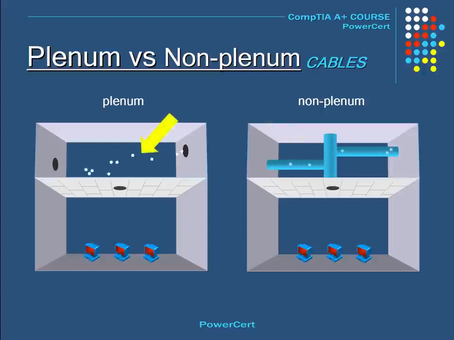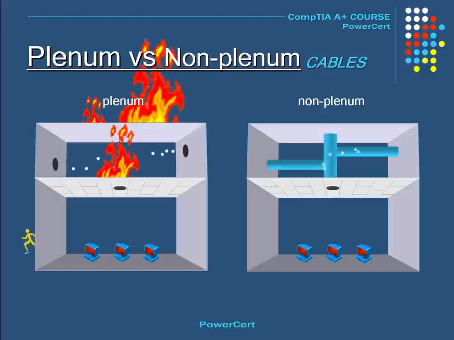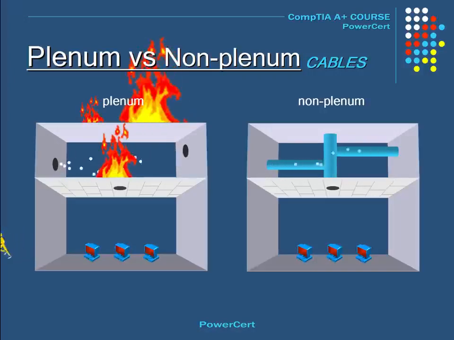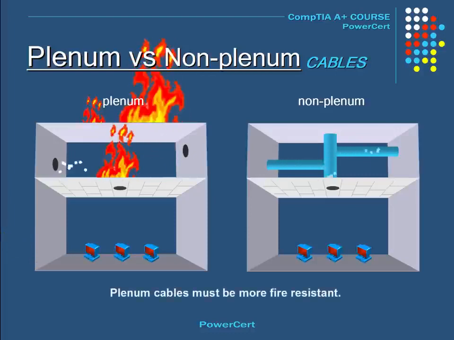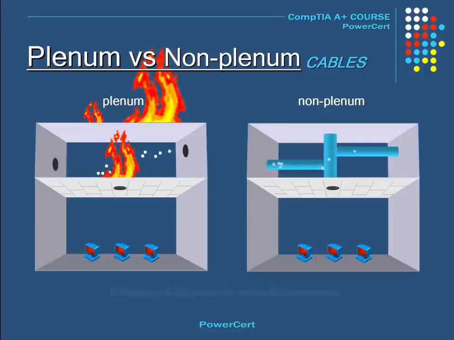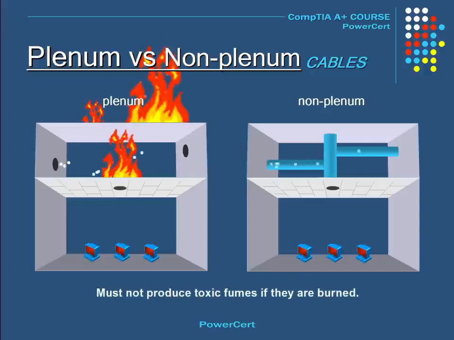So as a result, buildings that have plenum spaces where there is adequate open air flow are more prone to fires than buildings that don't have plenum spaces. And because of this, cables that run through plenum spaces must meet certain requirements. First, they must be more fire resistant, and secondly, they must not produce any toxic fumes if they are burned.